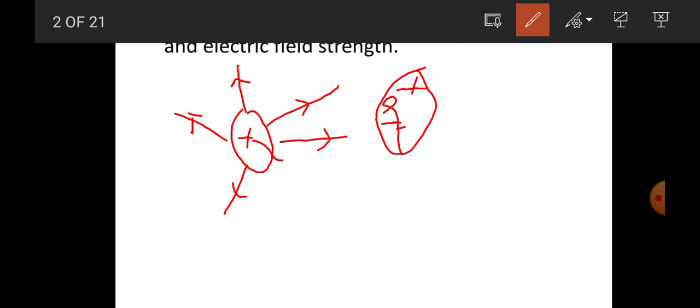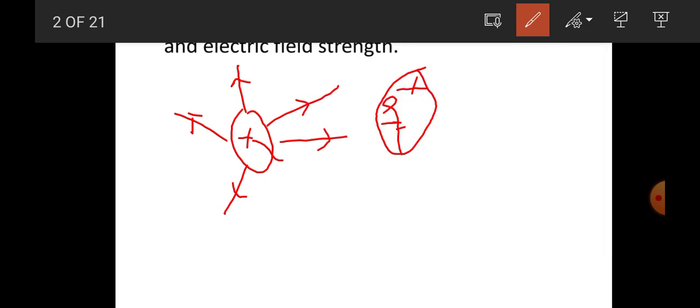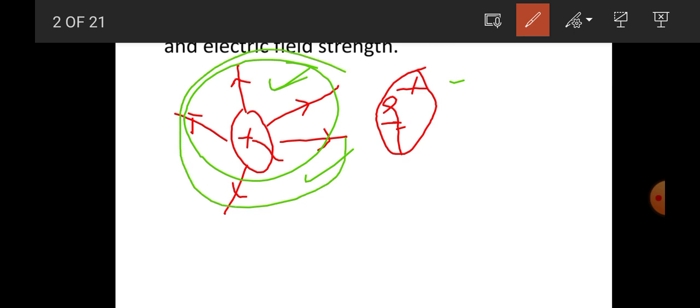Therefore, around this charge, the region where another charged object, maybe a test charge, experiences a force due to this charge is said to be electric field. So, around the charge where electric force can take place, that is electric field.